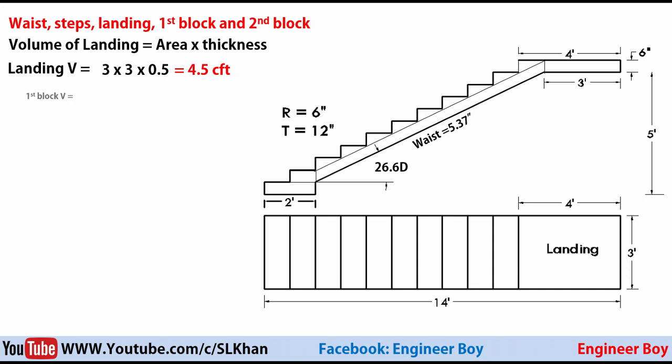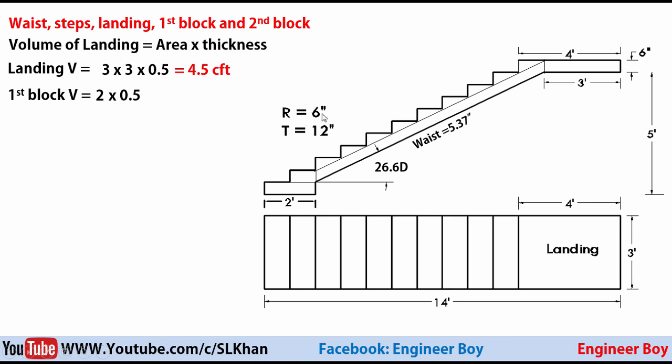The next thing we calculate is the volume of the first block. It is a rectangular prism, so its volume is the area of the section times its length. The area of the section is 2 times 6 inches, or 0.5 feet. 2 is the breadth, and the thickness is the rise of the block, which is 6 inches.